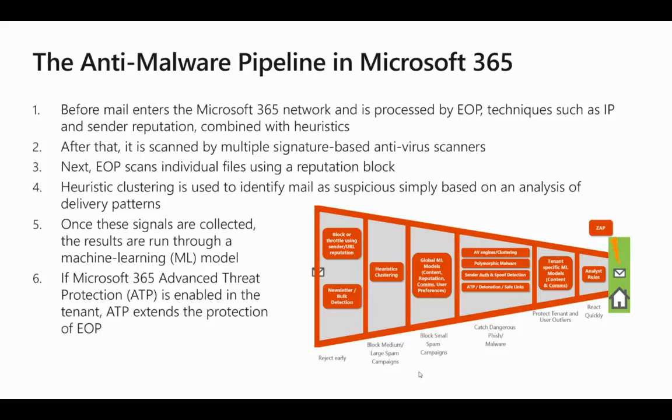So ATP majorly works on these stages, where safe link could be attached to any document. There might be a chance where the link could be anonymous, or it could redirect you to any of your banking domain, or ask for any credential. So that kind of phishing attack would be restricted here.